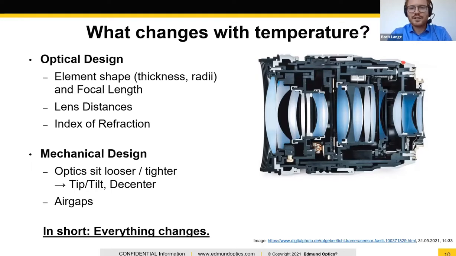And if you take another look at this beautiful layout here, you can see these lenses are really nicely seated in their mechanical seats. But as temperature increases, those seats will increase their size. So the optics are a little bit looser all of a sudden in their seat, which as soon as it comes to shock and vibration, is already quite critical.